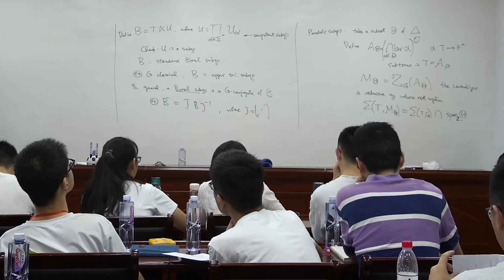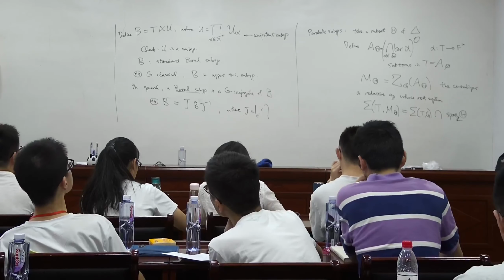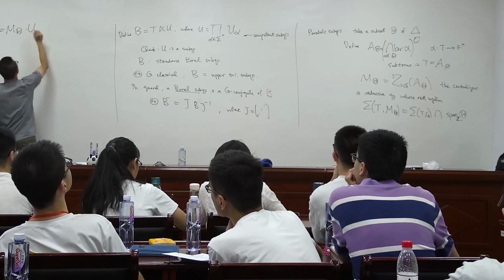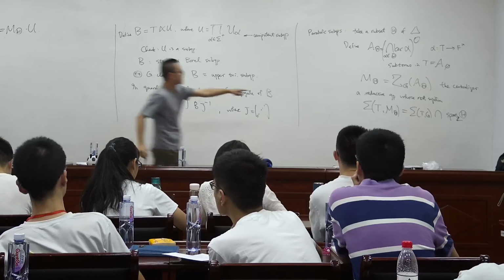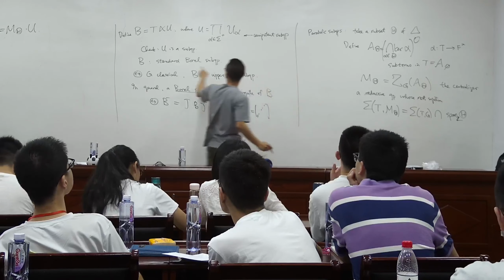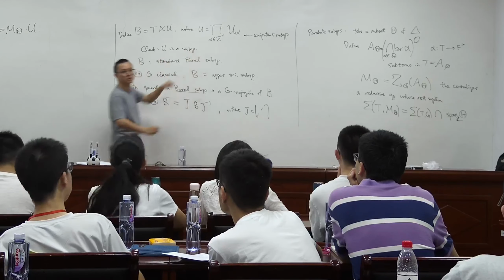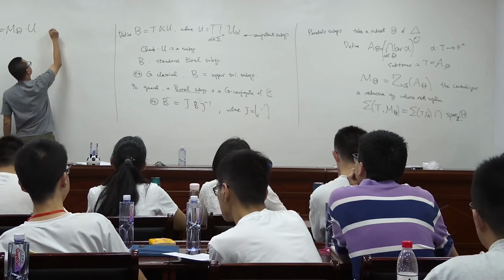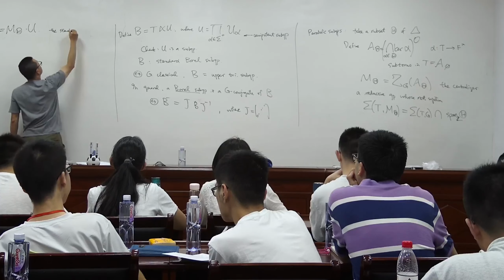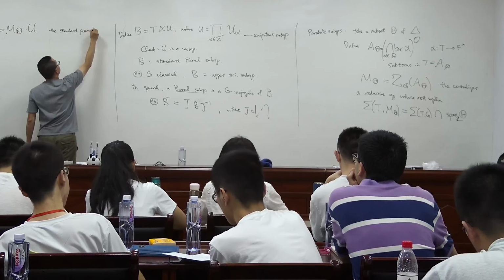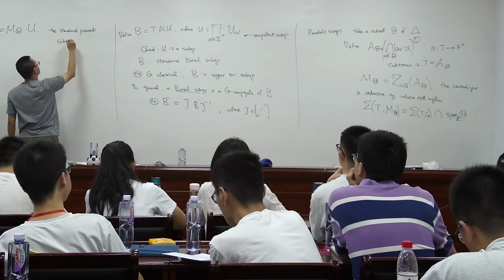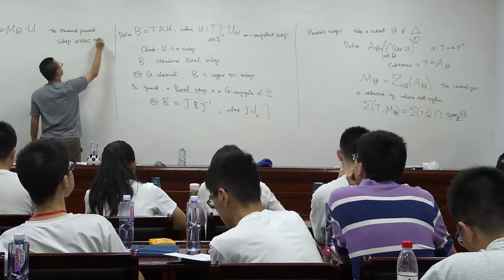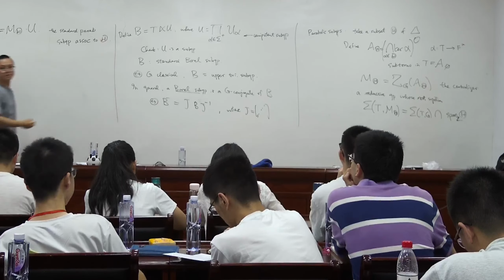And I can define this P theta to be just M theta, this reductive group, times this U. So this is the standard parabolic subgroup associated to the subset theta.